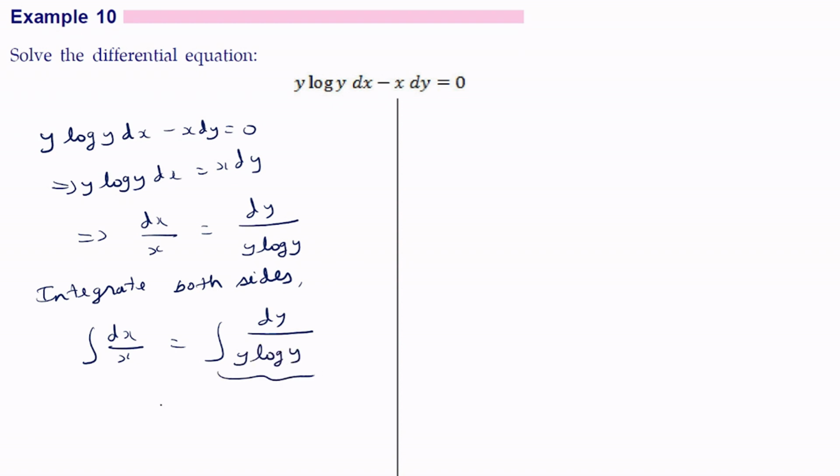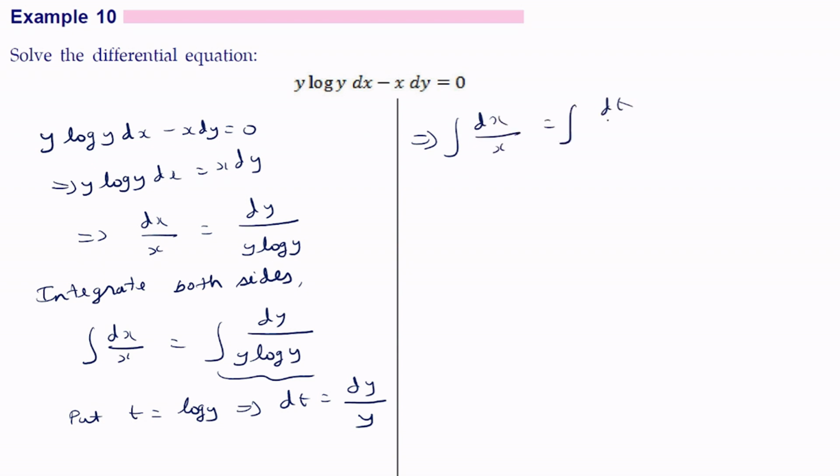For this we have to use integration by substitution. So let us put t equal to log y. So dt will be dy by y. So from this we get integral dx by x equal to integral dt by t.